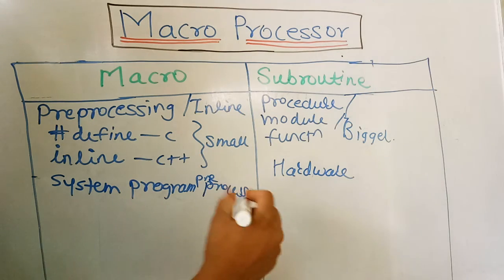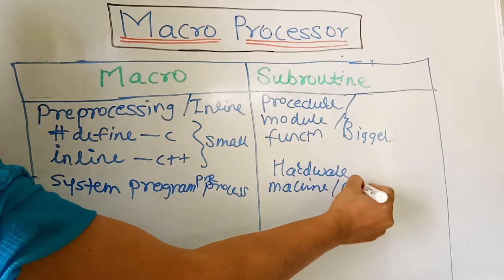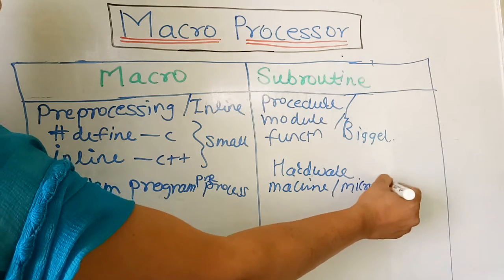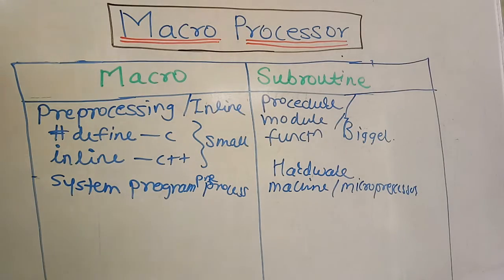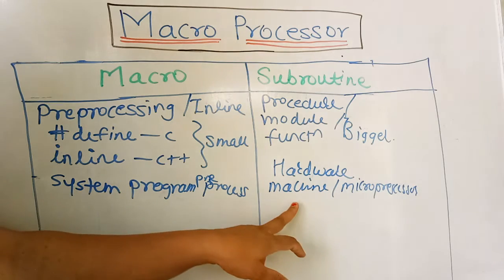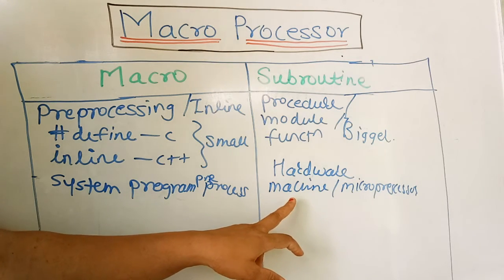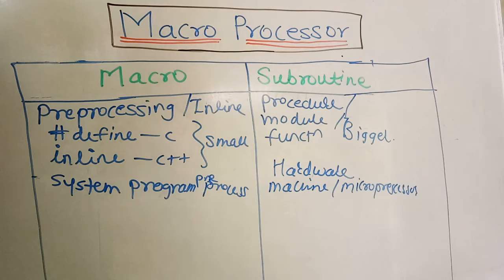It is nothing but our actual machine or microprocessor. You don't have to install it externally or buy it outside of your system. So this is the basic difference: one requires extra software, the other does not require extra software, but works with the help of the existing hardware.